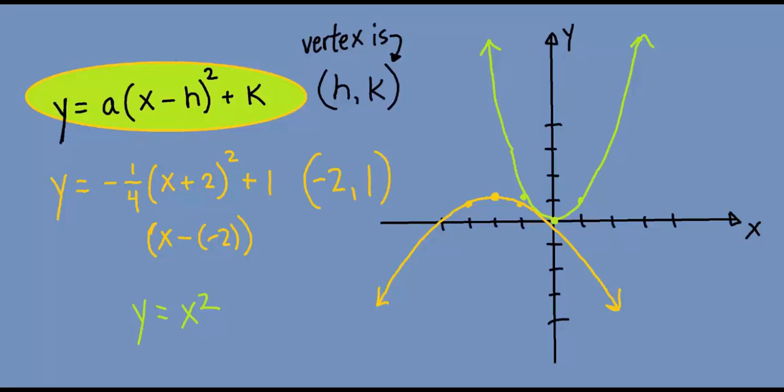And in the case of the parabola I drew here in orange, we're sliding it back 2 and up 1. But notice that's also going to tell us what the vertex is, -2, 1. So the h and the k are both vertical slides or horizontal slides, and they're also the location of the vertex.